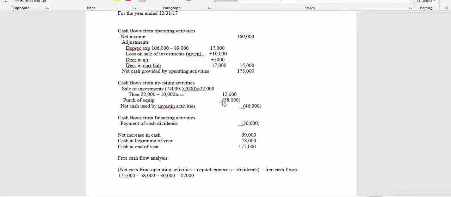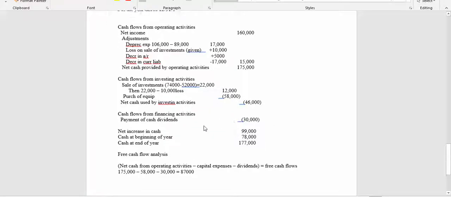That's a negative. We used money. We used up 58,000 to buy equipment. We sold some investments and got cash of $12,000 in our pocket. So the net difference was 46,000 negative. And this is pretty typical, to see a negative in investing activities.